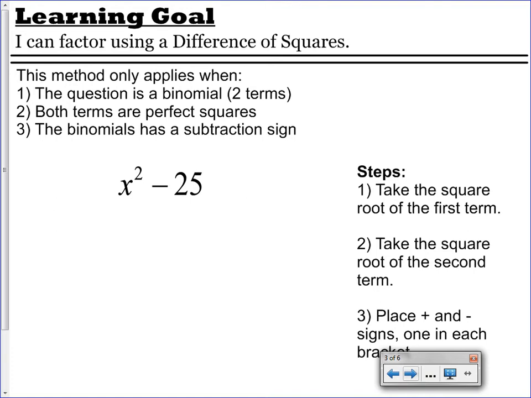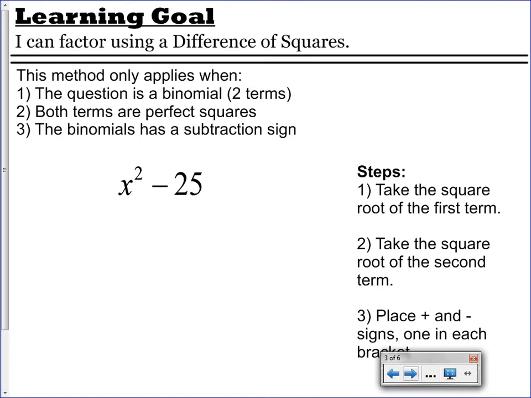This is called a difference of squares. This method only applies when there are two terms. As soon as you see two terms, what operation does difference mean? Subtract. So difference of squares means that there should be a subtraction sign.